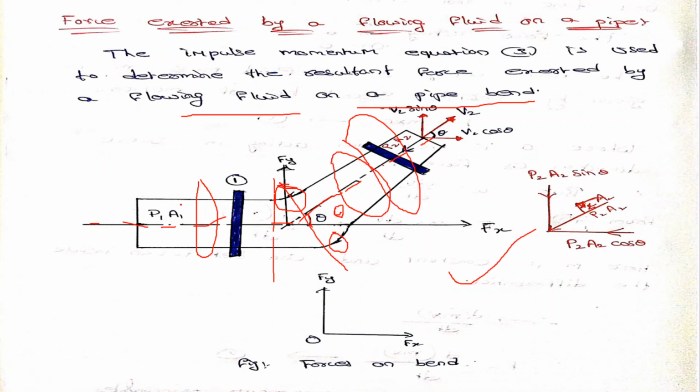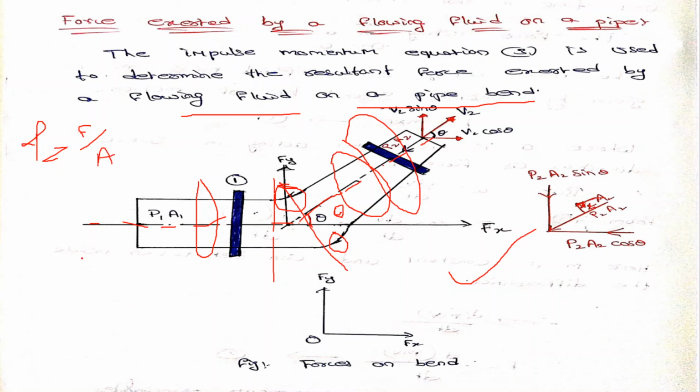Obviously we are having one formula. Please remember, what is our stress formula? Stress is nothing but force upon area. Same here also, instead of stress we are taking pressure, that is P is equal to F upon area.